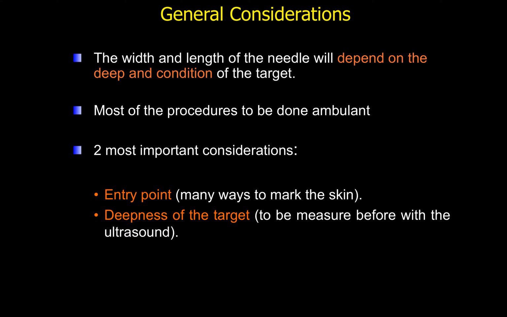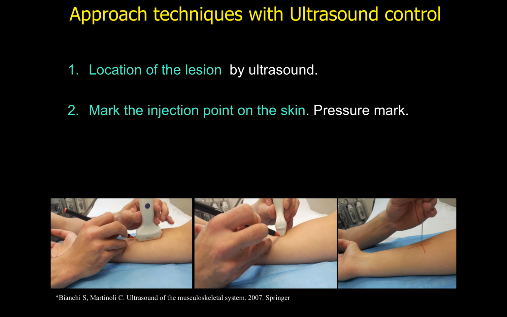Most of the procedures can be done on an outpatient basis, and the two most important considerations are to control the entry point and to mark the entry point when we make our planification, and to control the depth of the target. As we see, we can mark the injection point here in Bianchi's book, how he does it.